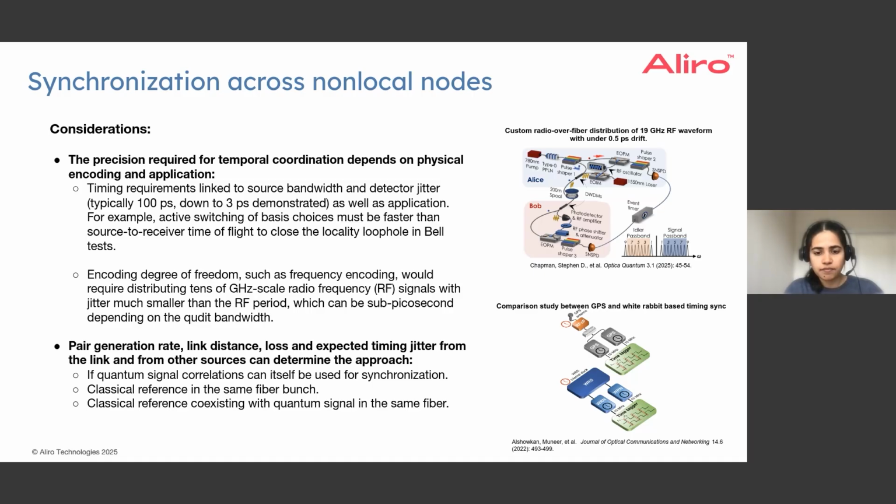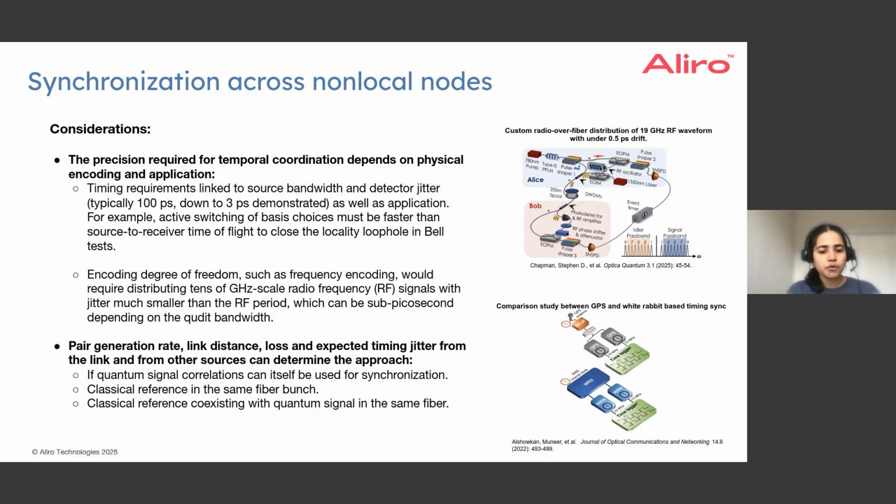But mostly, another reference that shares the same fiber with the quantum signal, like we saw in those examples, can be used. Such a coexisting classical and quantum signal choice helps with fast link drifts, and it really depends on the link having very fast drifts versus the link being short, where it could potentially have smaller drifts and could benefit from using the quantum signal itself rather than the classical signal.